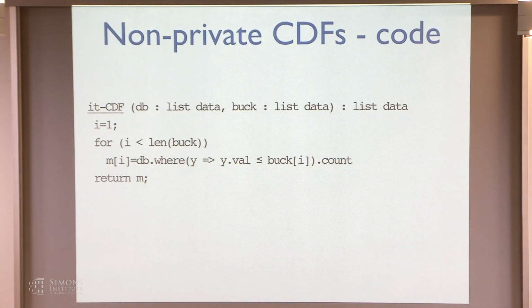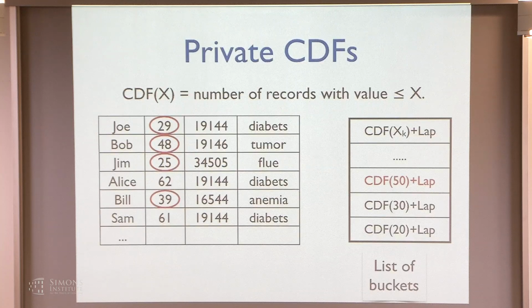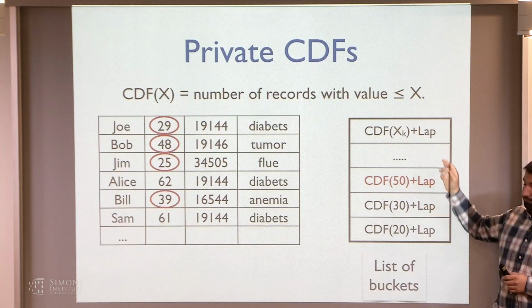Okay. Now, how can we build a private version of CDF? I will use a naive way. The naive way is to do the CDF, build the list as before, and then add in Laplace noise to each element.